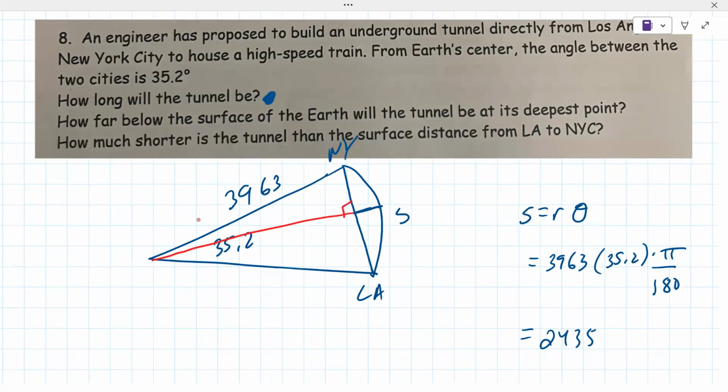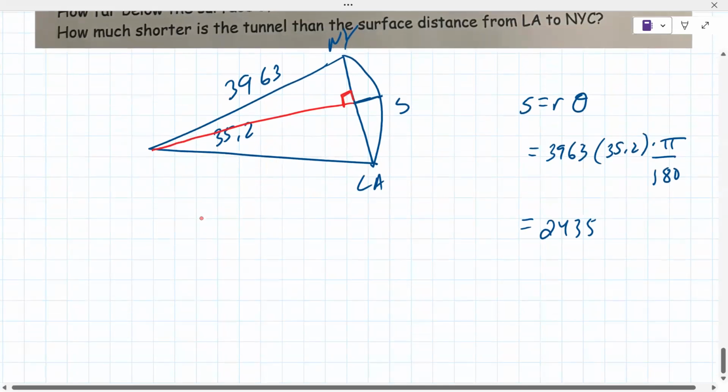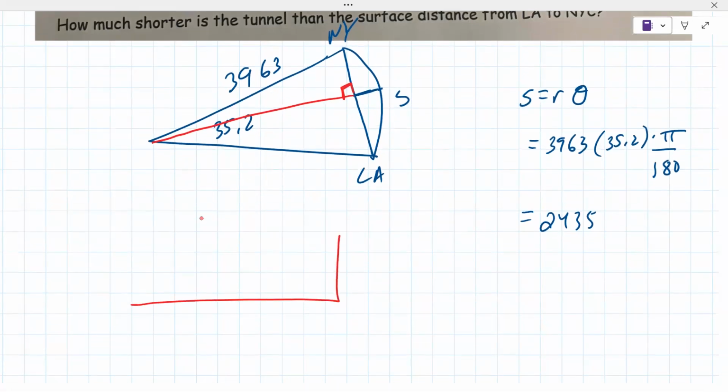So it's actually another right triangle. And so I'll draw that. It's 35.2 cut in half is the angle. This is still 3963. And we want to find, I'll call it Y this time. So this is 17.6 degrees.